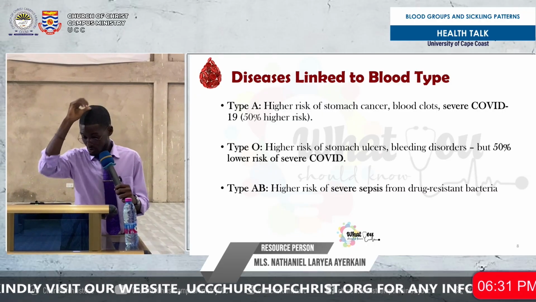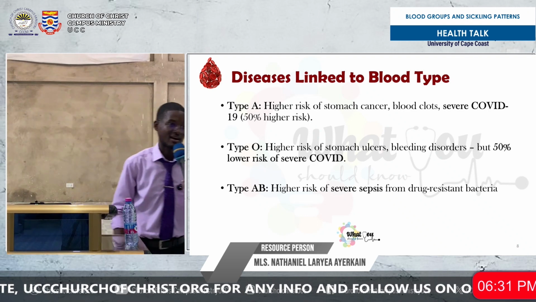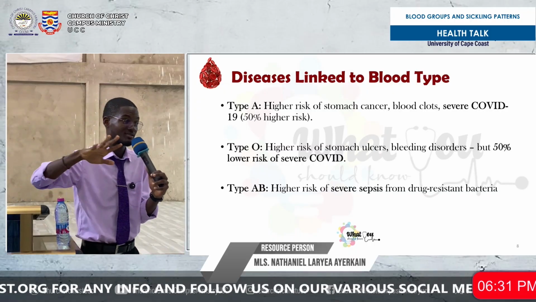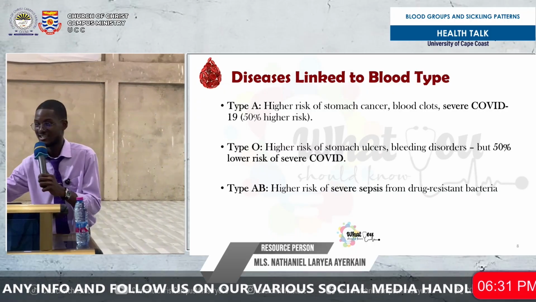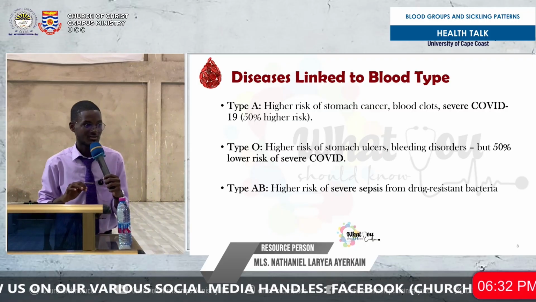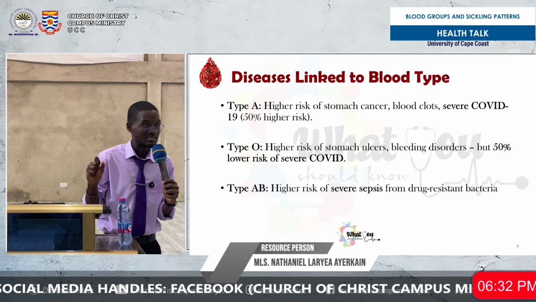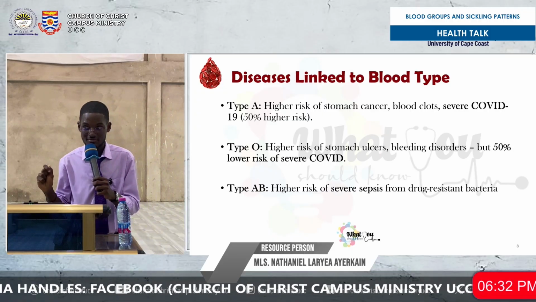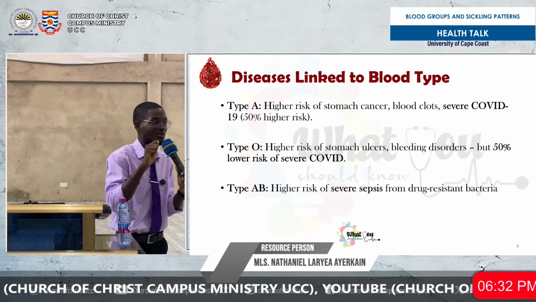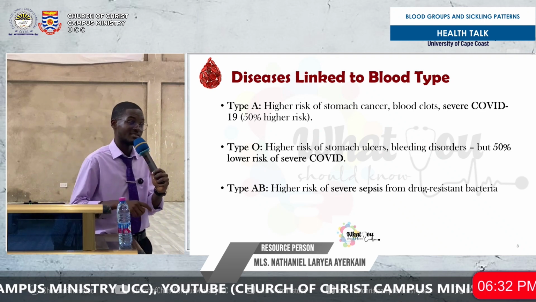Besides the ABO, there are a lot of other blood groups. A lot. But we only say we are blood group A, blood group B, and so on. That's not all. You can have Kell blood group, you can be Duffy positive, etc. Recently, they've discovered a new one called Gwada negative.